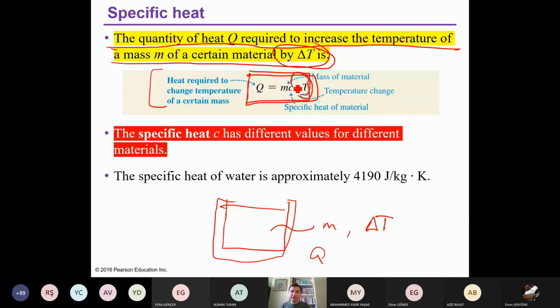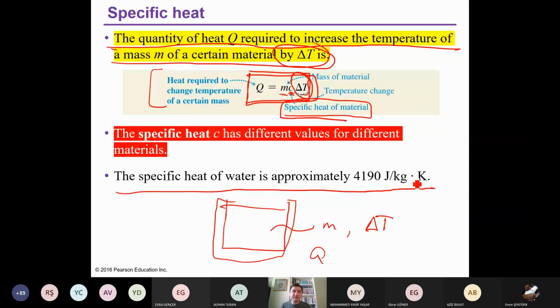This C is the specific heat of the material, and it is unique for each material, and this is the mass of the material. So for water, for example, the specific heat of water is approximately 4,190 joule per kilogram per Kelvin.